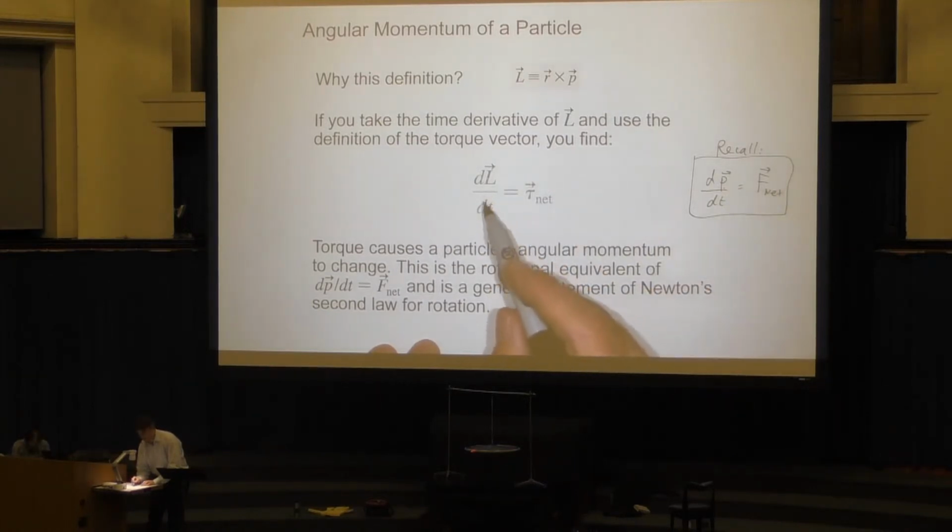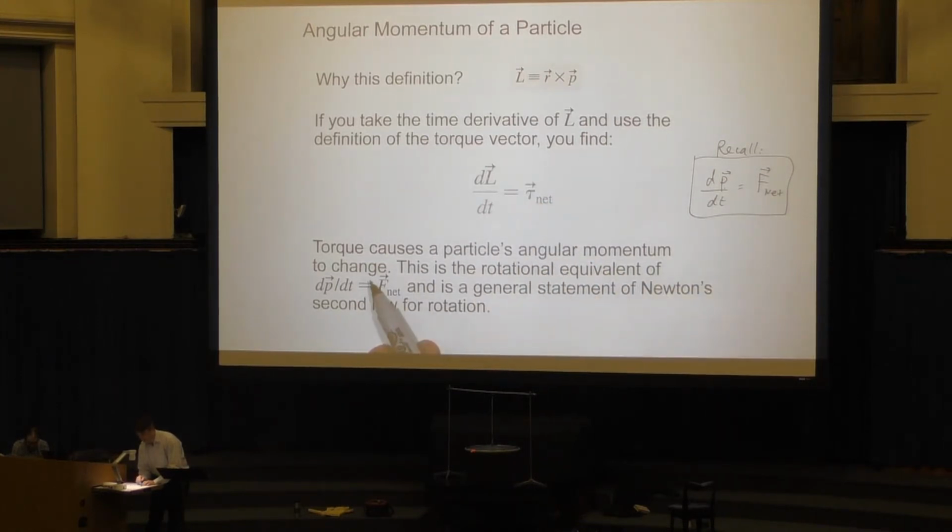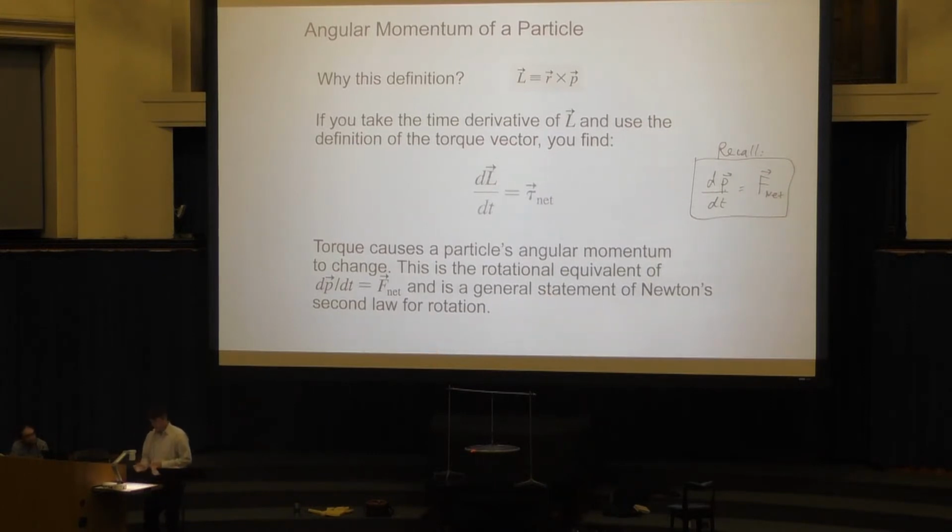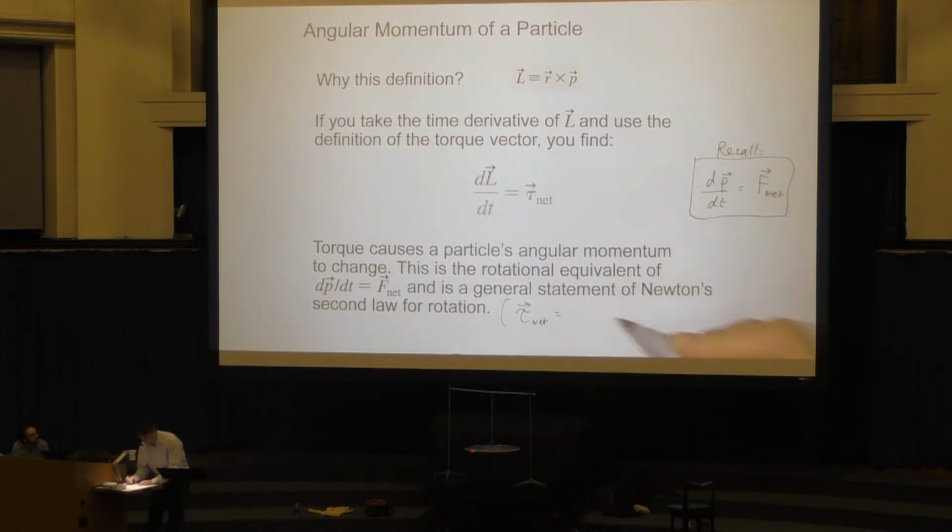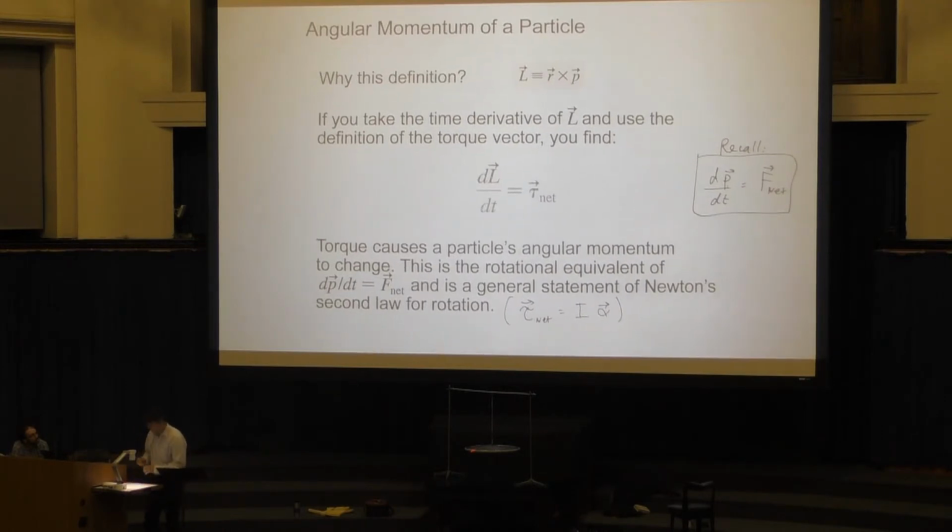Also, the time derivative of the angular momentum is equal to the net torque. Torque will cause angular momentum to change. So it's a more general way of stating Newton's second law for rotation, which is that torque net is equal to I times alpha. Similar.